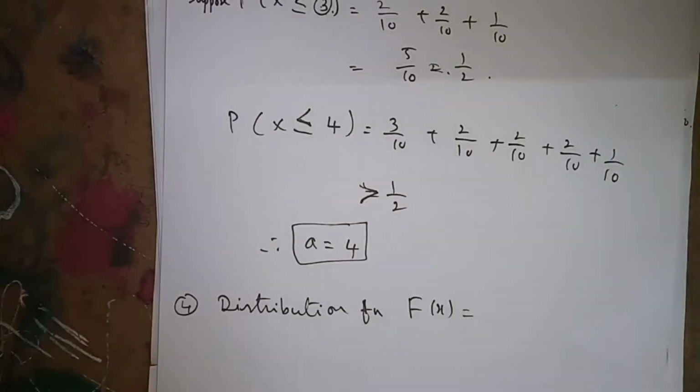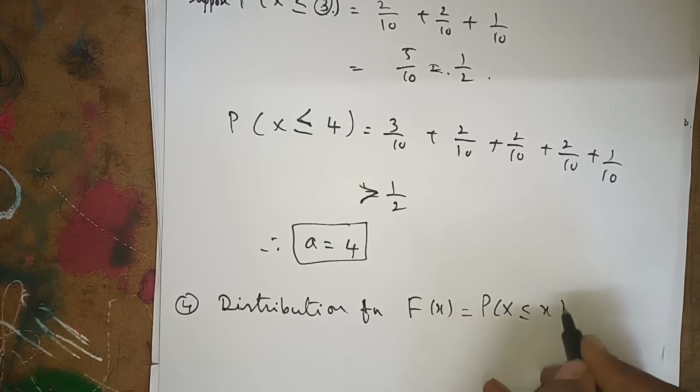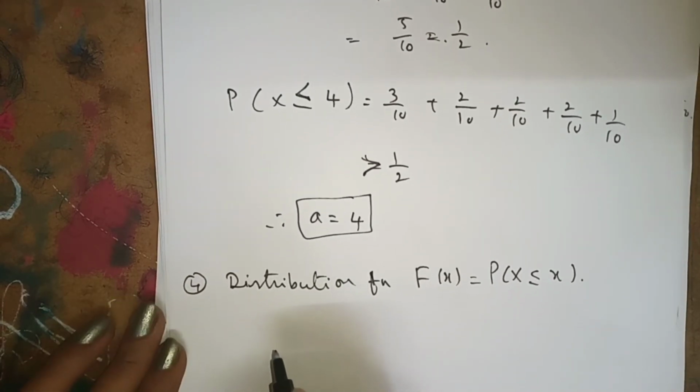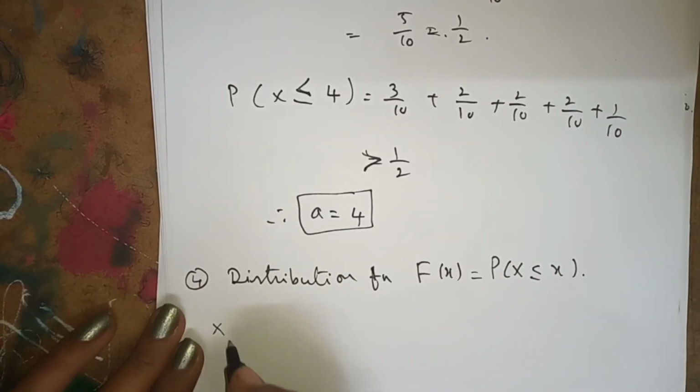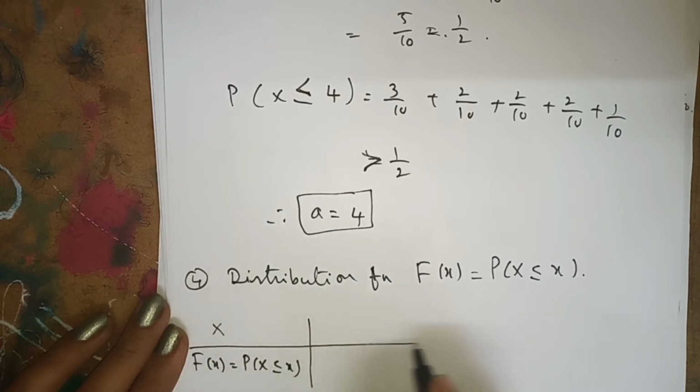Now for this one I need a table of x values, and capital F of x equal to P of X less than or equal to x. These values we will write.